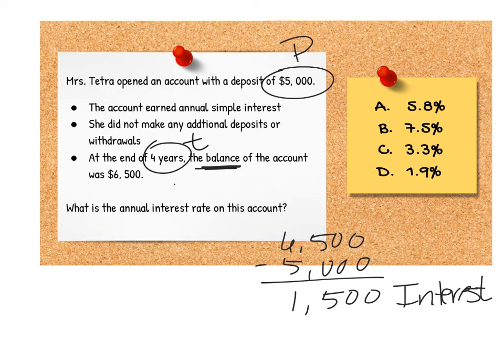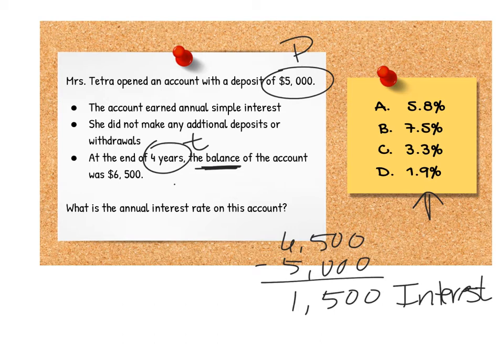So 2 ways to do this. I'm going to solve it algebraically, okay? But look, you have answer choices. You could substitute. You could do 5,000 times 5.8% times 4. See if you get 1,500. If you do, yay, you're done. If not, 5,000 times 7.5% times 4.